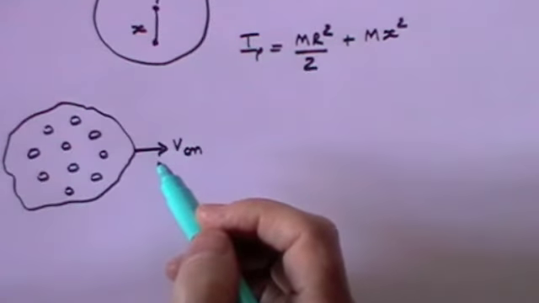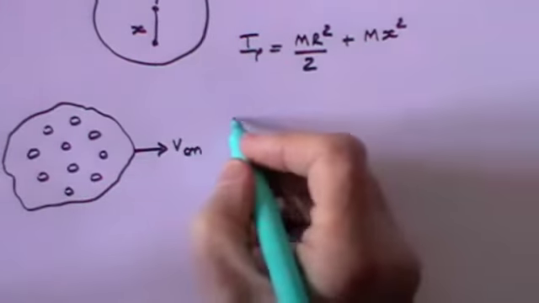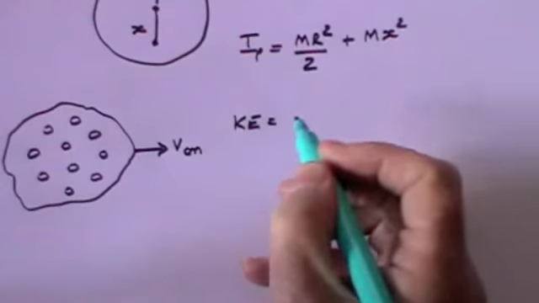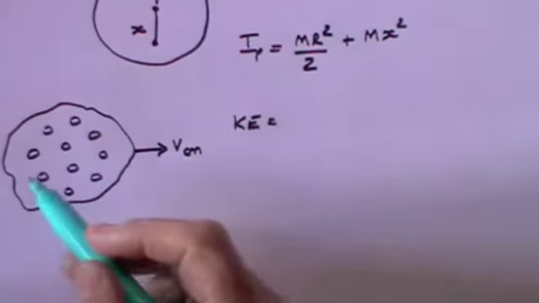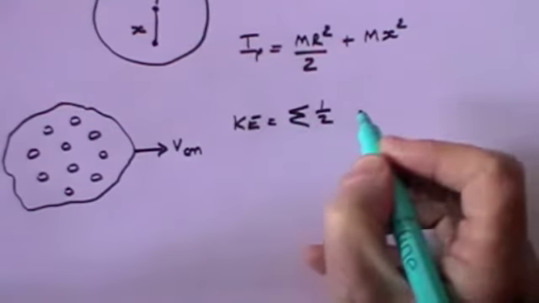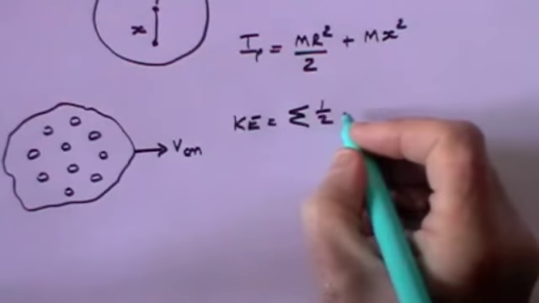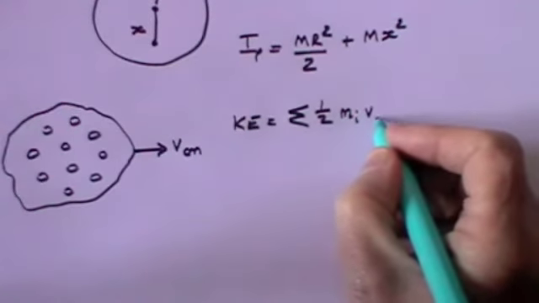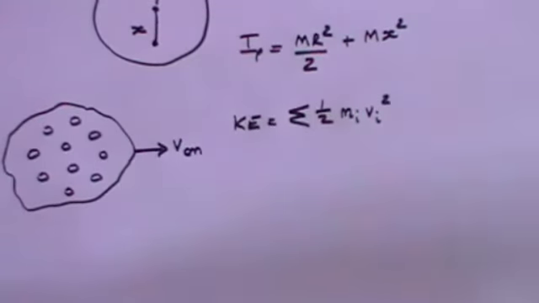What is the kinetic energy of that body? Well, the kinetic energy will be the sum of the energies of all these individual masses. So we have to sum half m v squared for each of the masses. So it's half mi times vi squared.